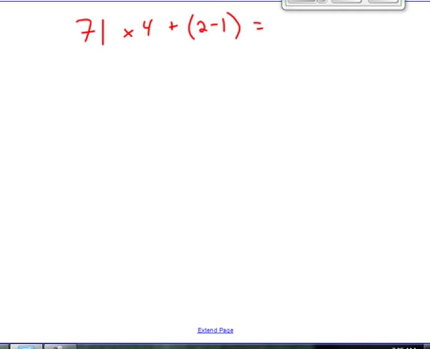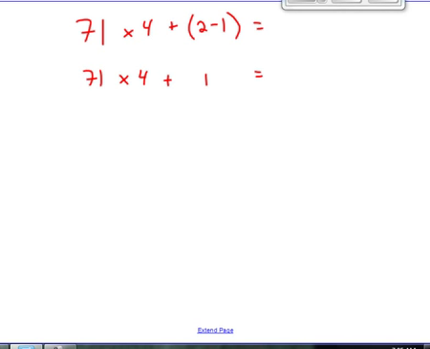I've got the 2 minus 1, so I've got 71 times 4 plus 2 minus 1 is 1. This is the way that you should do these problems. Go through, do each step. Even though I know that you know that 2 minus 1 is 1, if you don't continue writing everything else exactly the same way that it is, then there's an increased chance of making a mistake.